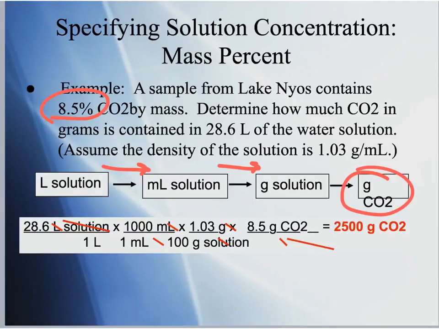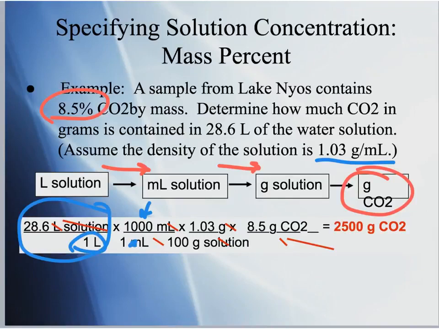So let's see how this is going to work. We're going to start off with our liters of solution. In order to be able to use our density as a conversion factor, we need to turn liters into milliliters. So we know that 1,000 milliliters is equal to 1 liter, that should say 1 liter of solution. Oh, I see the spacing is a little off. So here's your liters down here. In your printed notes, it should be just fine.